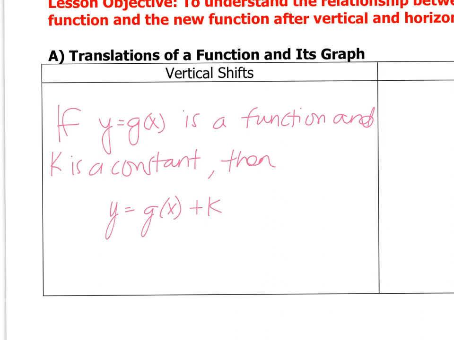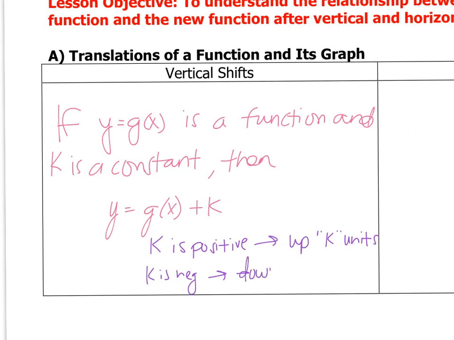A couple of stipulations here. If k is positive, then we shift up k units. If k is negative, then we shift down k units. Okay, so again, this is information that you should have seen in that investigation.